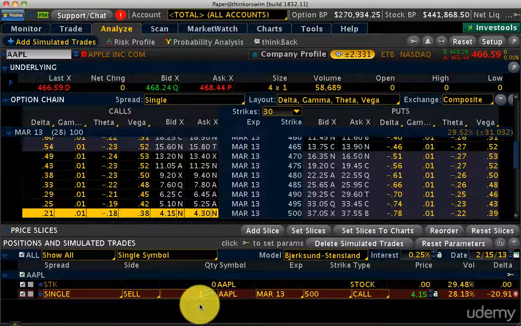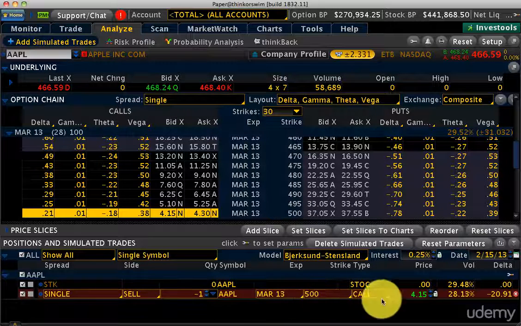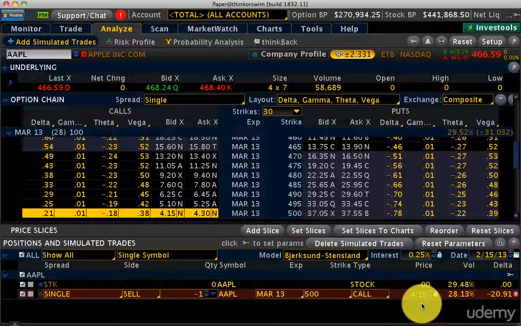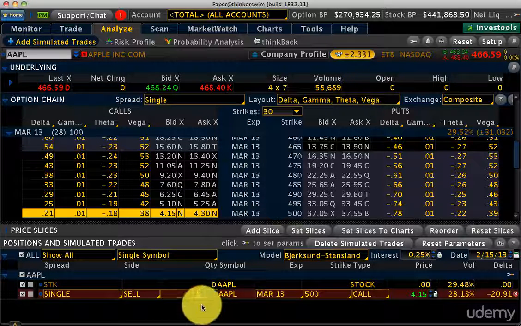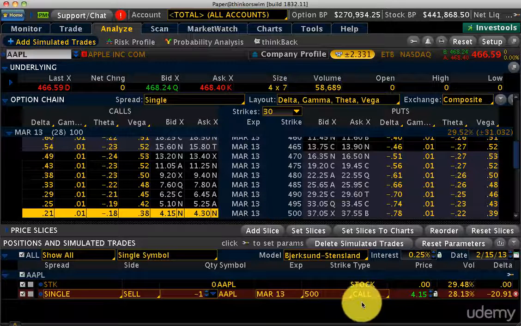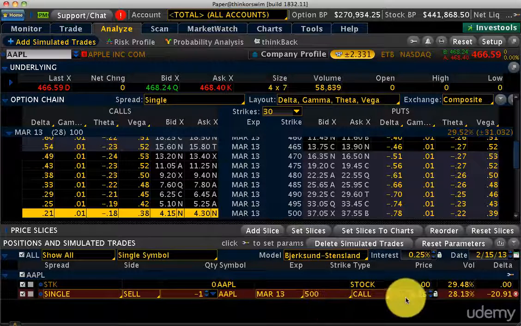And if Apple hits the strike price of 500, then let's look at the buyer and seller rights and obligations again. If you were a call buyer, you would want the right to buy Apple at a price of 500, and you would have paid $4.15 for that call option. But you're the call seller, so you have an obligation to sell Apple at the price of 500, and you would have picked up $4.15.